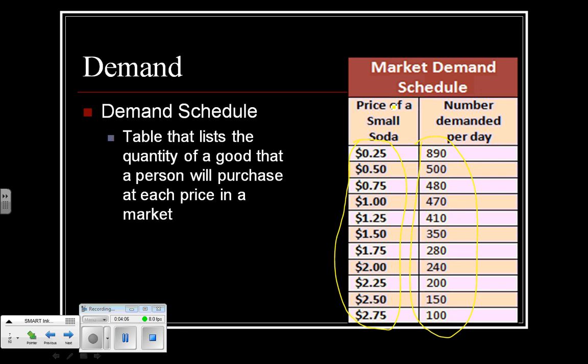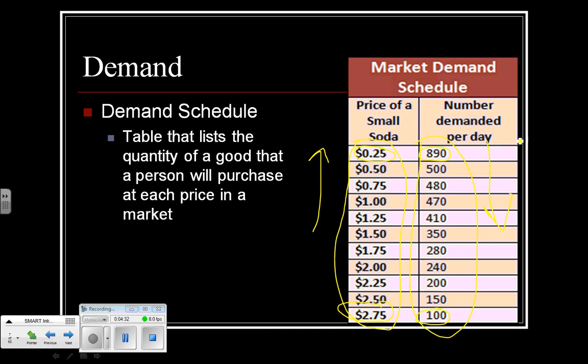Well, if a can of pop was 25 cents, a company could say, you know what, we're probably going to sell about 890 of them. And as you go up, you could see as the price increases, the number demanded decreases. So that 25-cent pop on one day, they thought they could sell 890 of them. If that can of pop goes to $2.75, they're only selling 100.